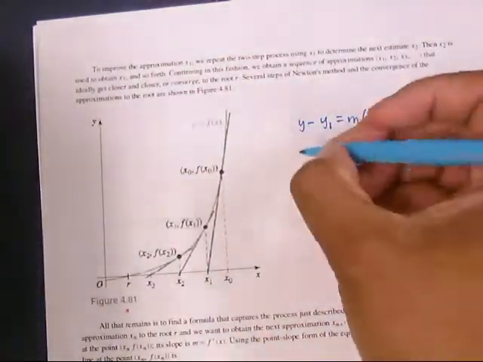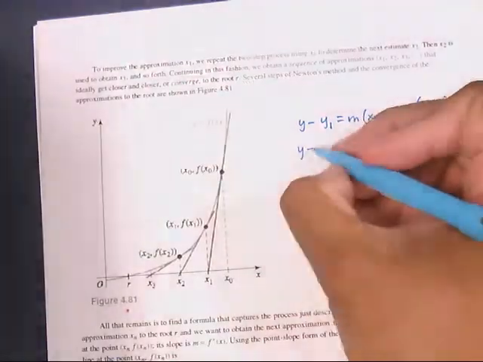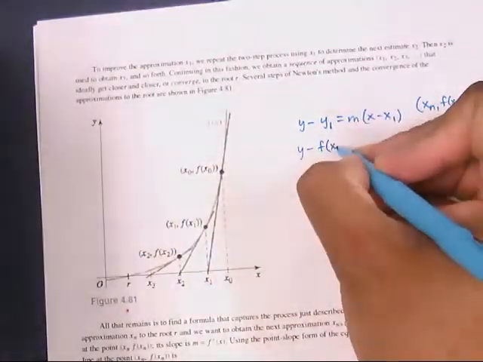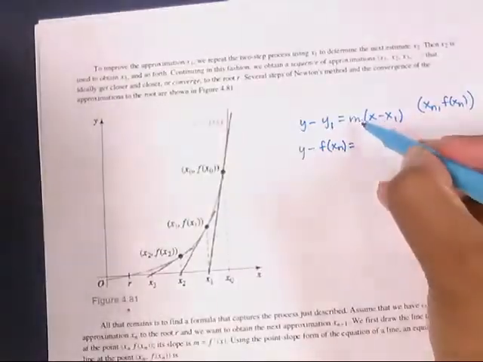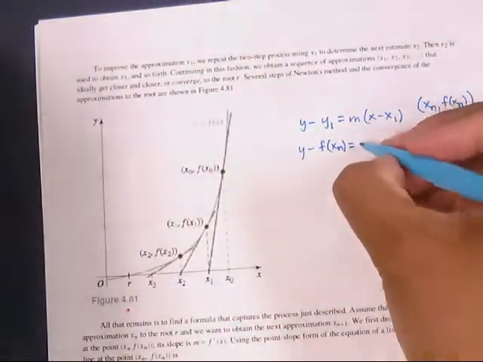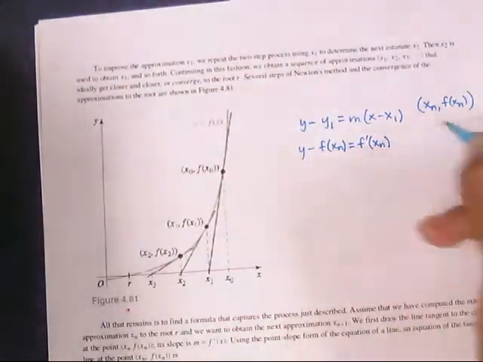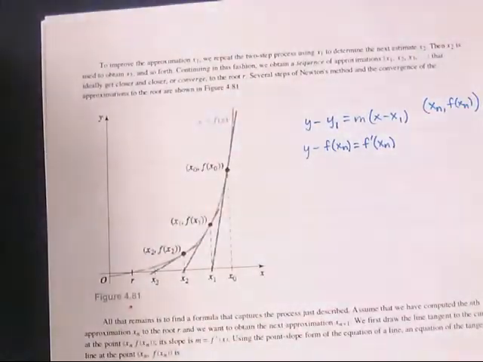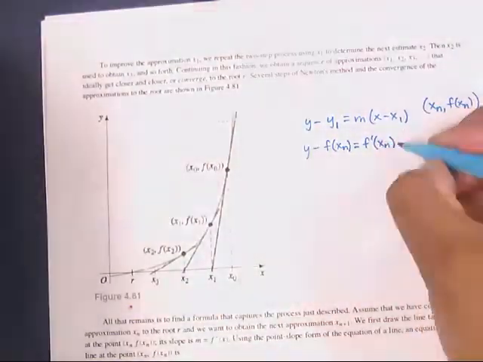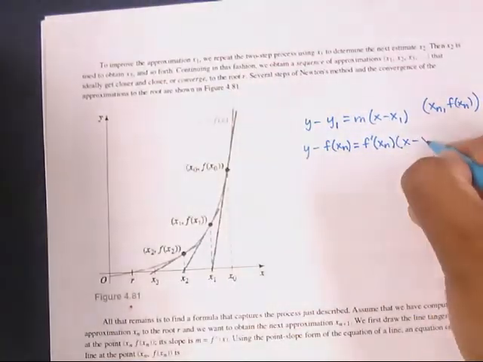So using that point-slope form, this is going to be y minus y sub 1. That's going to be this f of x sub n. And that's equal to m, which is going to be the slope of the tangent line. But the slope of the tangent line is always going to be the first derivative at x of n. The first derivative at x of n, that's this. And then that's multiplied by x minus, and I'll let x1 be the x of n.